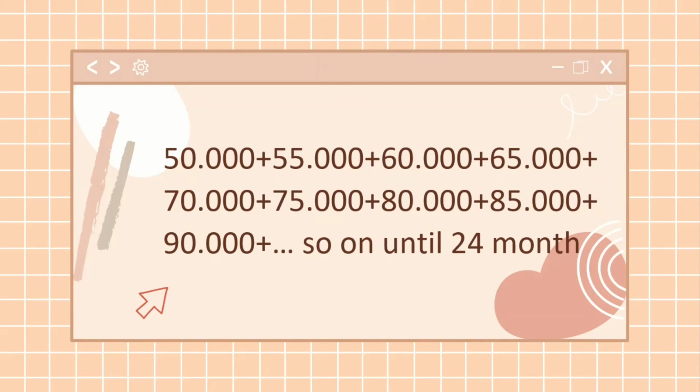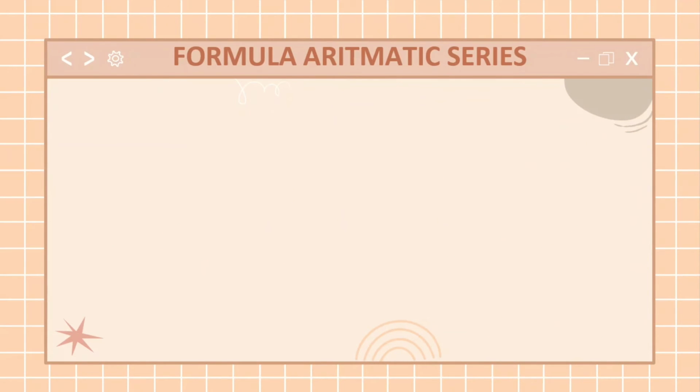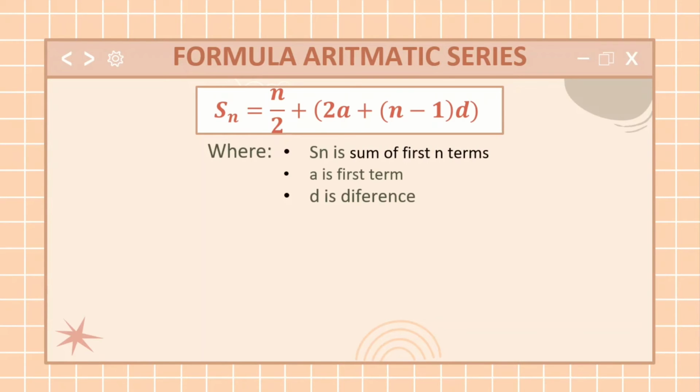So, this method takes a long time. So, arithmetic series has a formula. Sn equals n over 2 times 2a plus n minus 1 times d, where Sn is the sum of the first n terms, a is the first term, d is the difference.